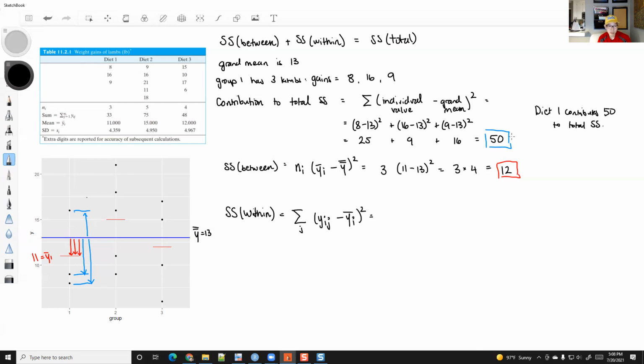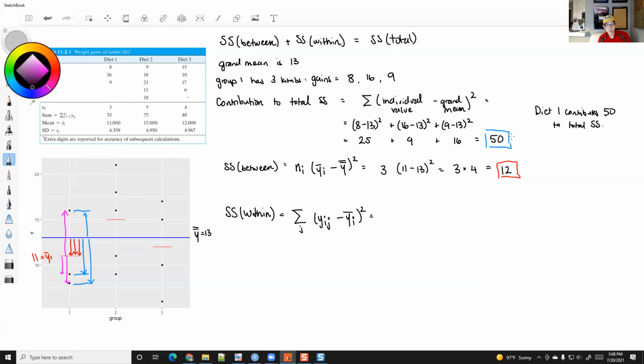Here the group mean is 11, and I'll use purple. This guy is way higher than its group average, and I'm drawing lines from the group mean to show how different each individual is.